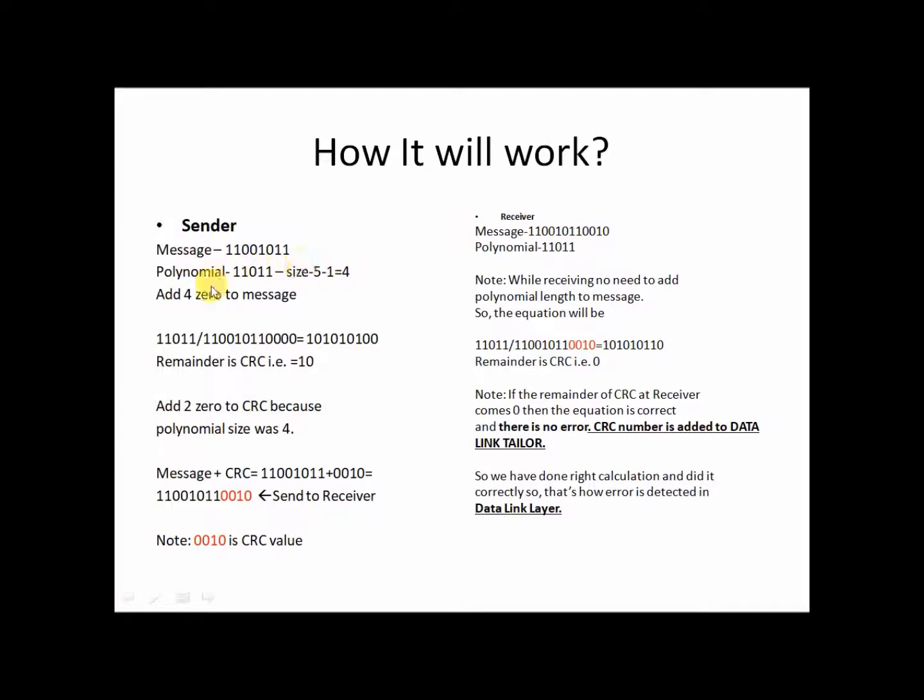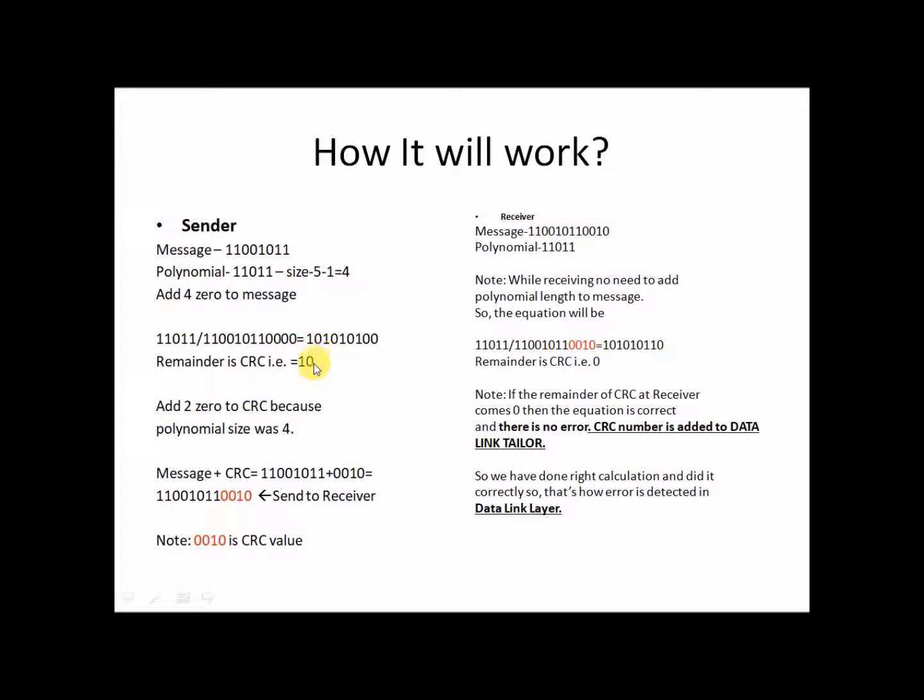So 4 zeros will be added to the right of the message. That number along with the added zeros is going to be divided by this number, and you will get the output like this. The remainder of the CRC will be 10. In that case, the 10 will be the remainder.